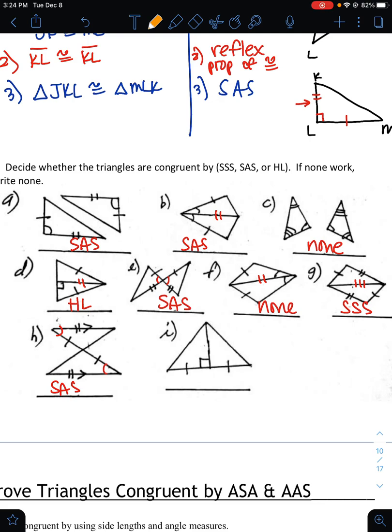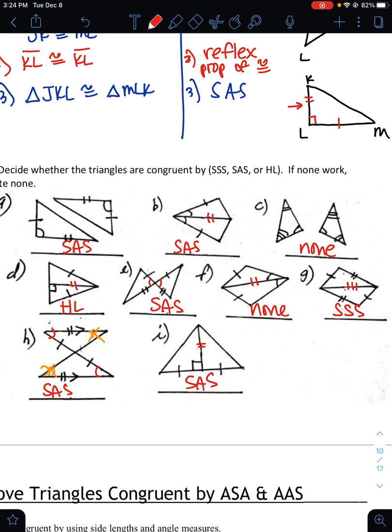I also want to point out that if I mark this alternate interior angle on this side, I don't have side angle side. So it's got to be the ones I marked in red. And then the last one, I'm going to mark my reflexive. This is SAS, not HL, because I don't have the hypotenuse. Okay, that wraps up SAS and HL for today.